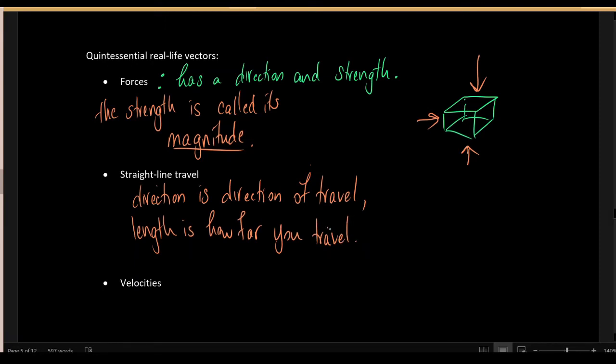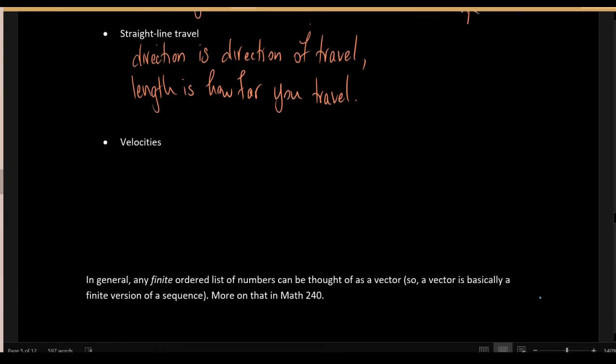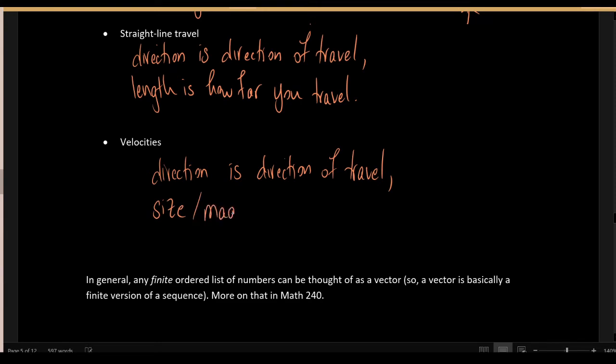Additionally, we have velocities. A velocity is the term for when we communicate the direction of travel, and the associated size or length of the vector is what's communicating how fast you're traveling.